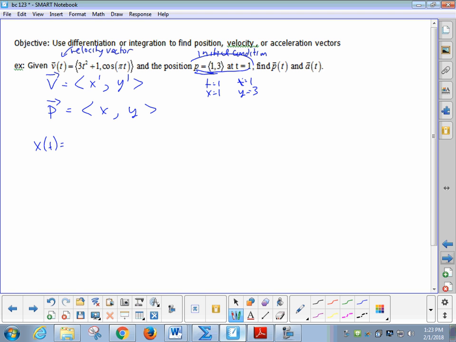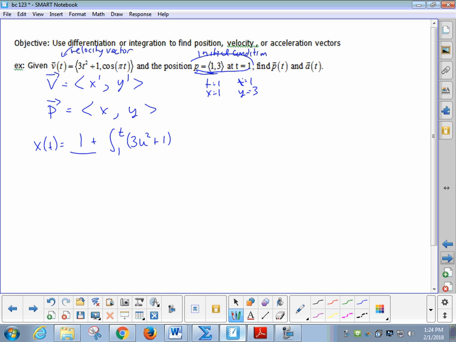So I'm trying to find x. So what goes here? What's the initial condition? I'm starting with a 1 there, and I'm going from when to when? 1 to... 2? Oh, you said t. Sorry. t to sometime t. And I'm integrating 3u squared plus 1. Don't use x, it's already taken.